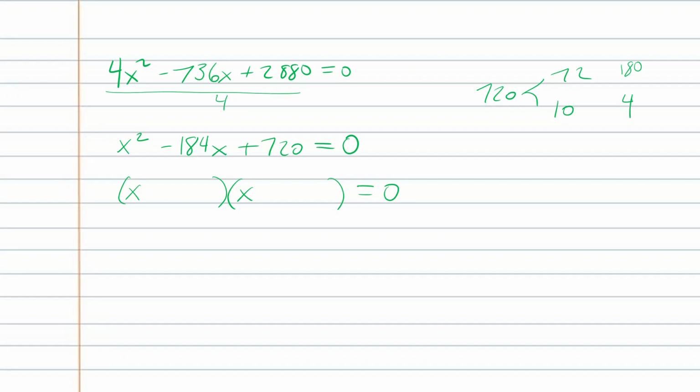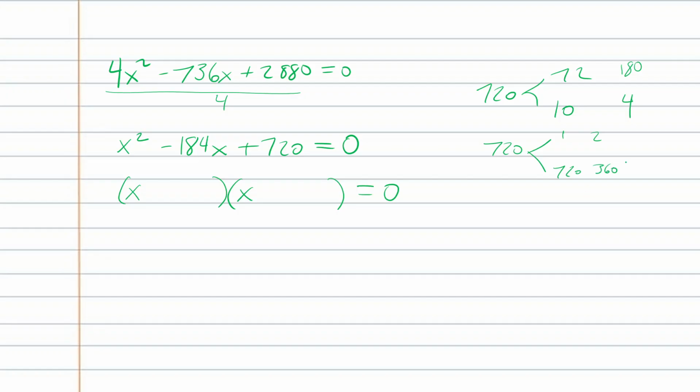Now, you might not have been able to see that straight off as much as I have, because I've done a lot of factoring. So you might have had to try a couple exchanges in the 720 range. And really, it might be more helpful to just do it from singular numbers if I was laying it out. Like if I had no idea what this was and that 180 and 4 didn't jump out to me as quick as it did, first thing I look at is 1 and 720. Then I would look at 2 and then 360.